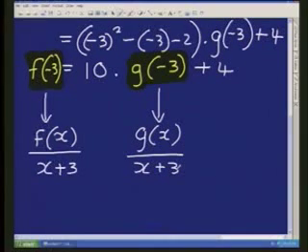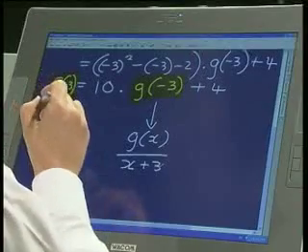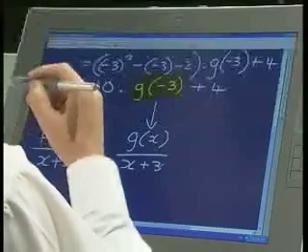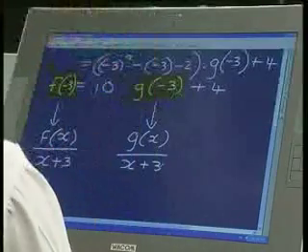The remainder theorem says, if g of x is divided by x plus 3, the remainder is g of minus 3. This which I have highlighted is the way we write the remainder. And this here is the way we write the remainder when we divide f of x by x plus 3. And the question tells us they're the same.